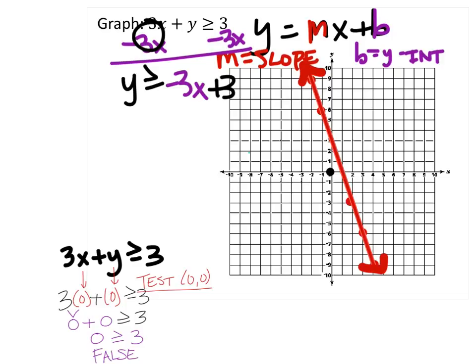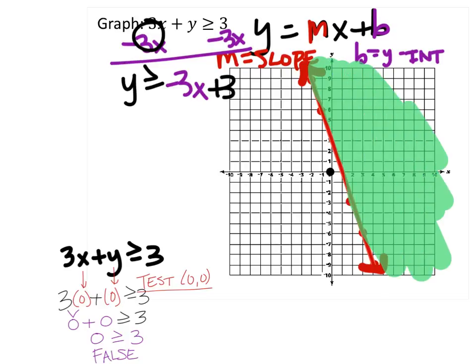Any points in here would not work. It would give us a false statement, which means also, conversely, that any points on the right side of this line would be a true statement. So that's where we're going to highlight this or shade this in, and that's how we'll work on the homework as well. So there we go, and that is the finished answer.